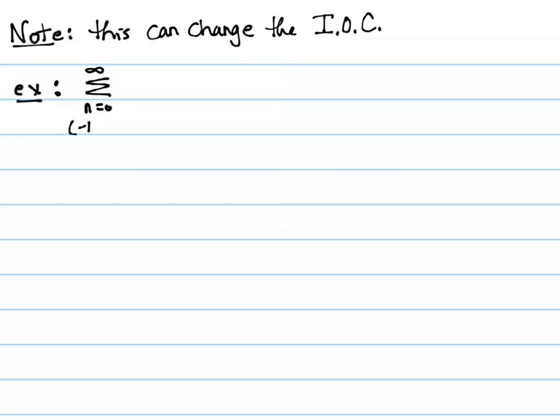If this were defined on -1 to 1, x to the n, but then we had another one that was defined on, say, -2 to 0, like this. It has to be the overlapping part of that interval, and where do -1 to 1 and -2 to 0 overlap? Sorry, that needs to have something in it. -1 to 0.